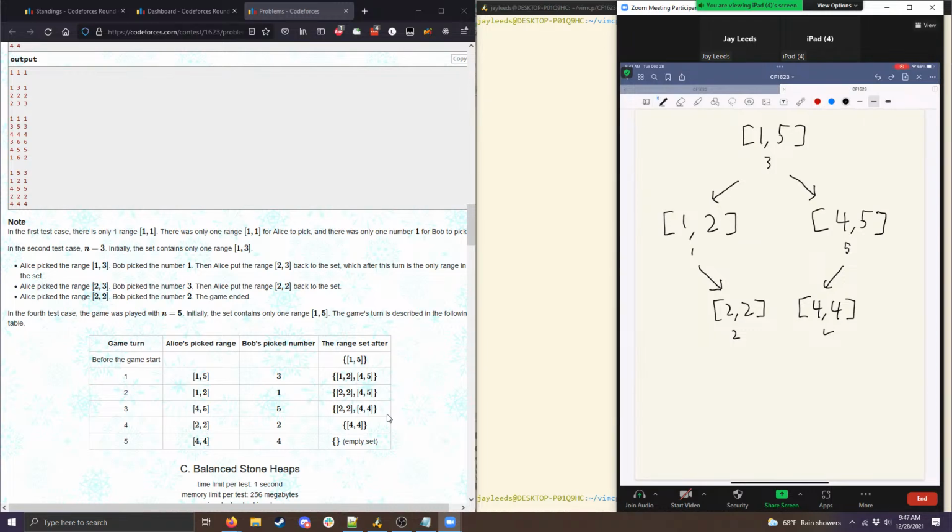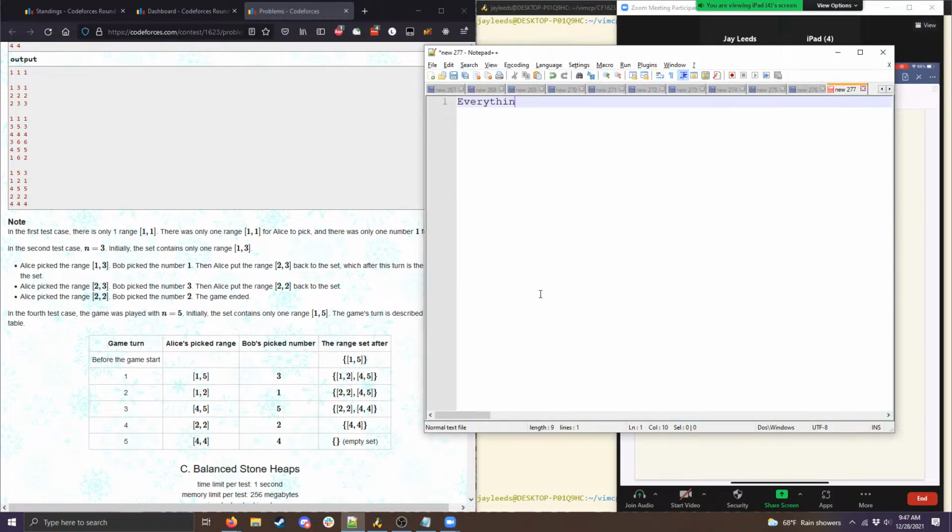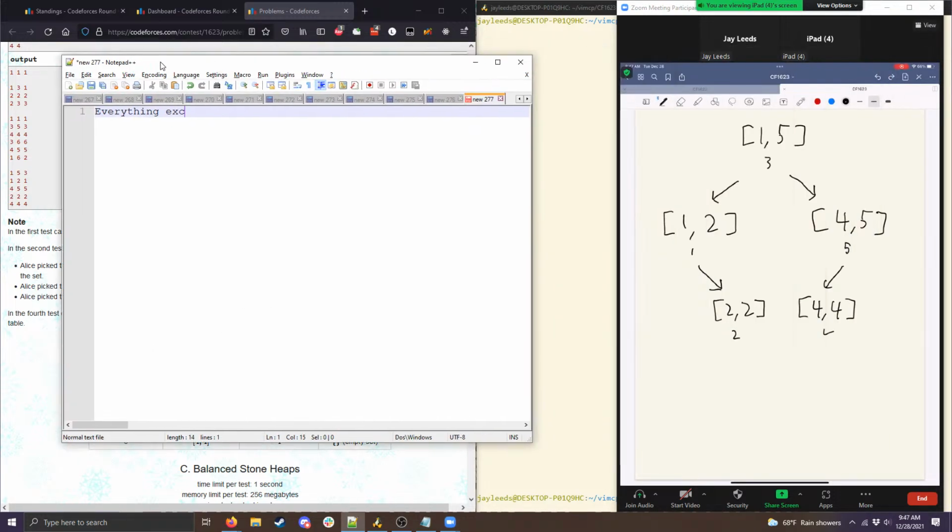And so what that tells us, and I'll write this down, is that everything other than D appears in all the same ranges as D, as well as at least one more range.